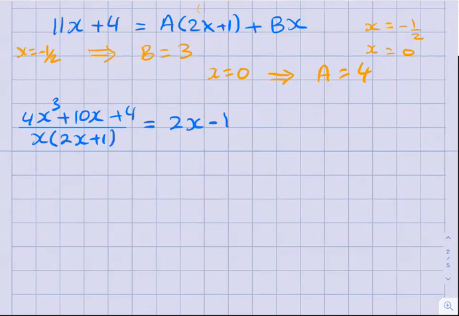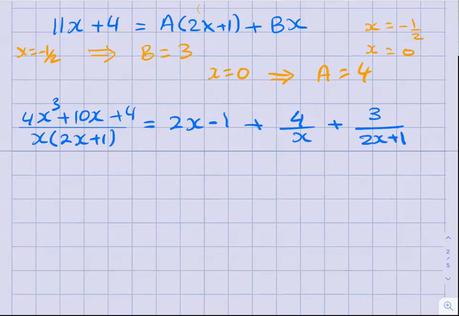That's when we did the partial, the division, plus instead of the A, I will put 4 over x plus 3 over 2x plus 1.